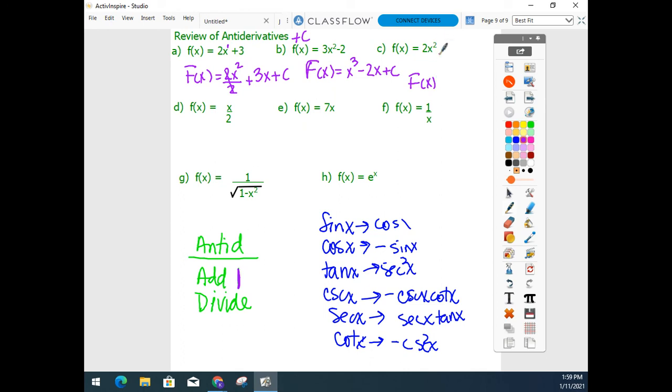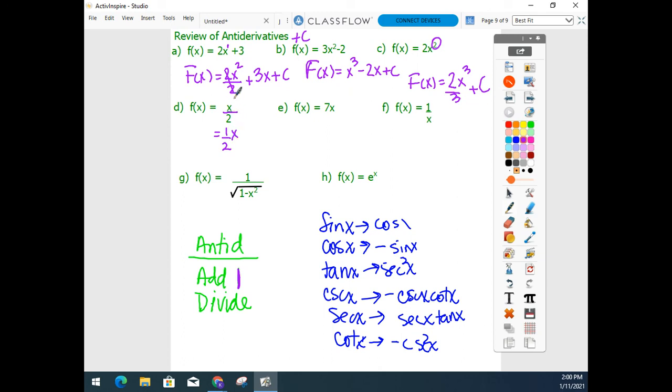So when I add 1 and divide, this is the first one where my coefficients don't cancel. I get 2, add 1 to the exponent, and divide by 3. So I'm just left with 2/3 plus c. All right, so be careful here. This time, I don't know, does it help if you think of this as 1/2 x?